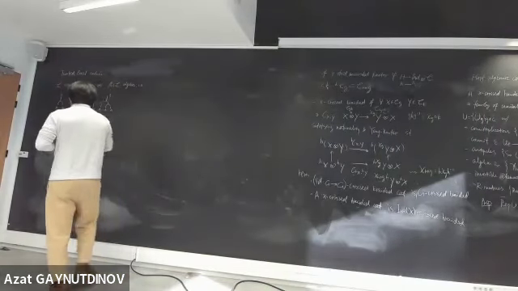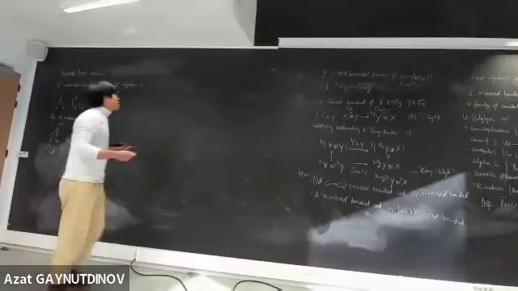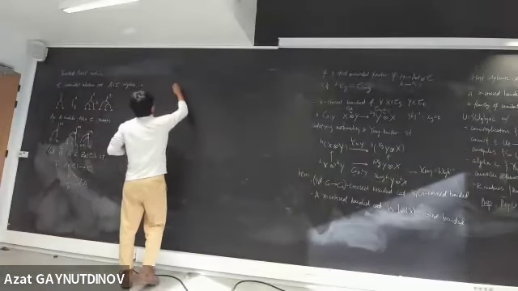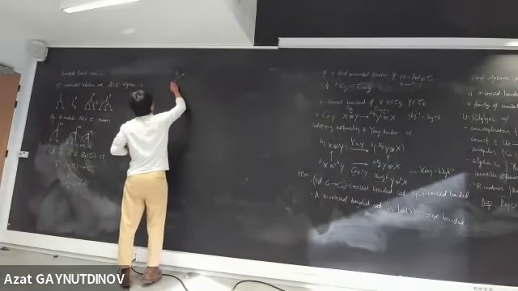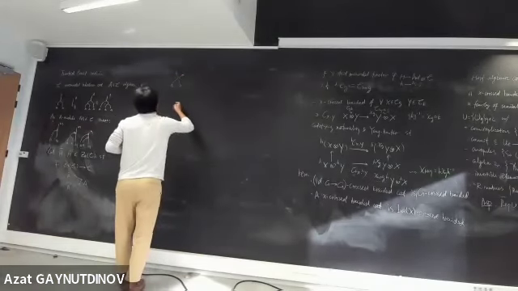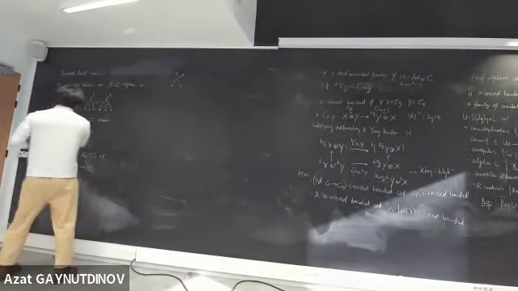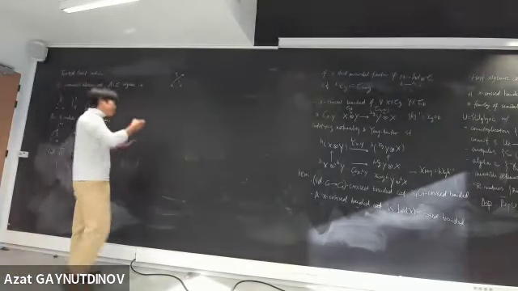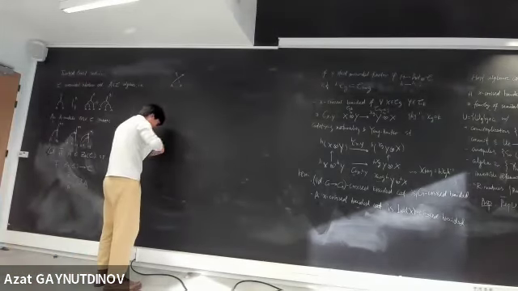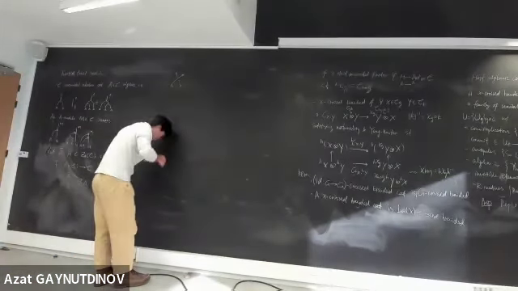Okay, so what does it mean for something to live in the center of C? It means A bar is basically the underlying object A together with a half braiding, and I will draw it like this.